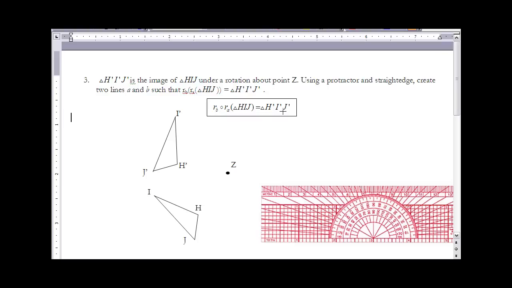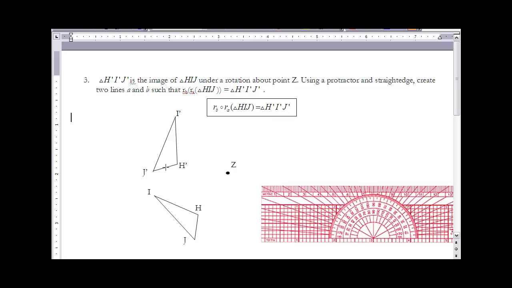Number one is what is the center of the rotation? Well, that's Z. If that's the center of the rotation, that's also where my two lines A and B are going to intersect. Number two, I need to know the direction I'm rotating. I'm rotating clockwise, therefore in a negative direction. And finally, I need to know the magnitude of that rotation.